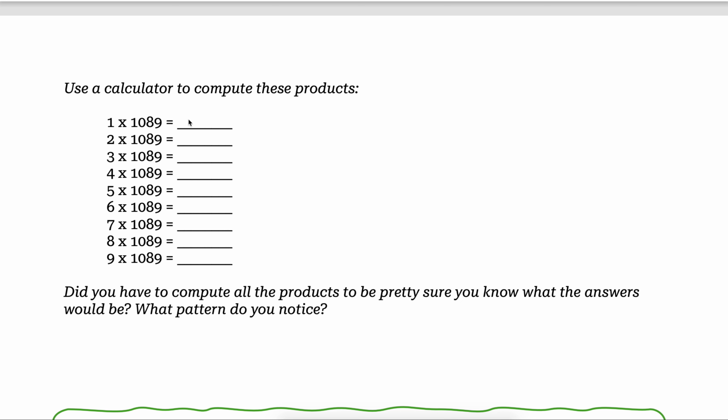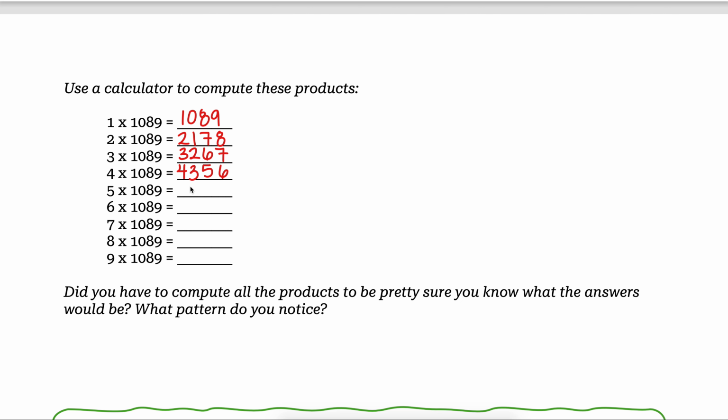So 1 times 1089 is still 1089. When you take 2 times 1089, you get 2178. 3 times 1089 is 3267. You might start to see that pattern forming. 4 times 1089 is 4356.